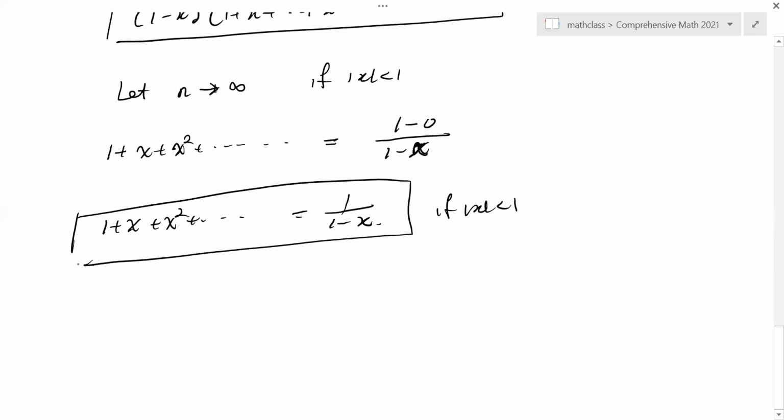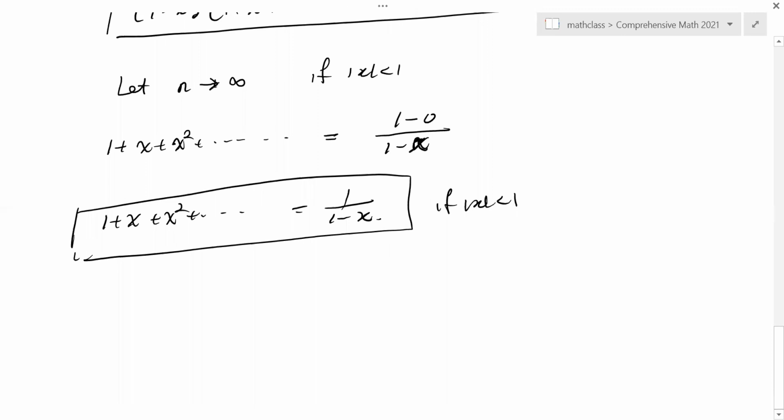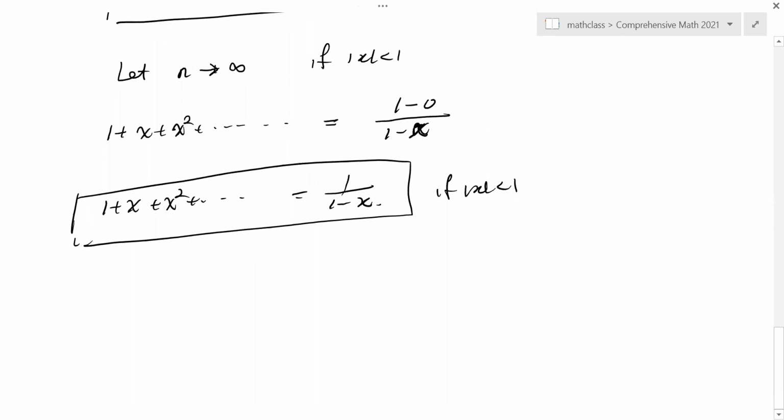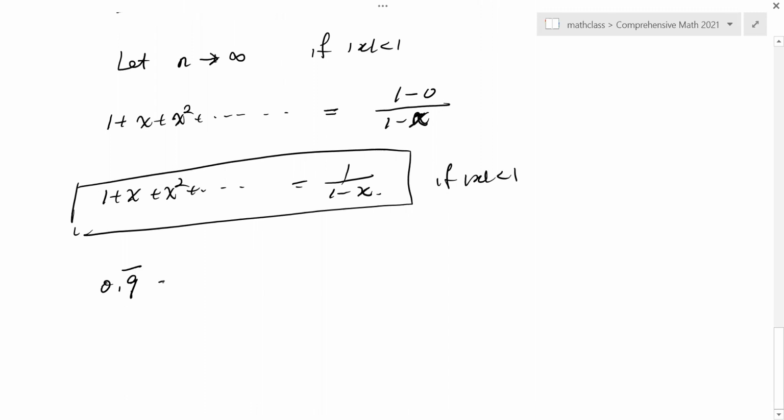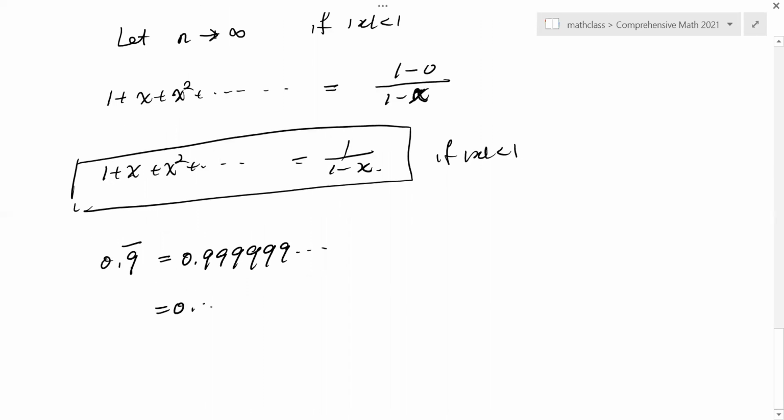All right, let's apply this formula to the following example. For example, 0.9 bar. What does that mean? 0.9 bar is my favorite example. 0.9 bar is 0.99999 and keeps going.